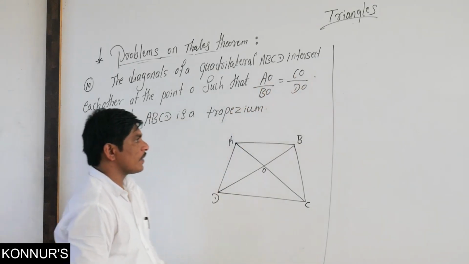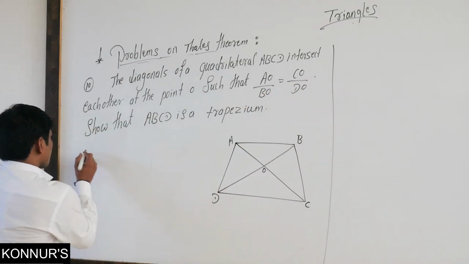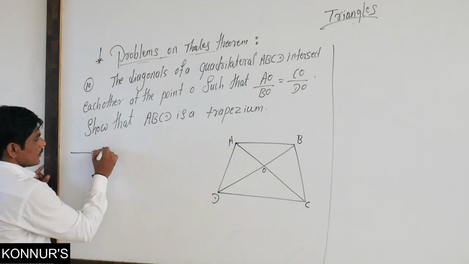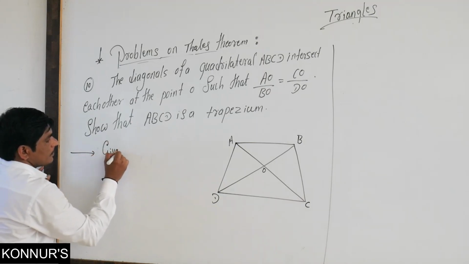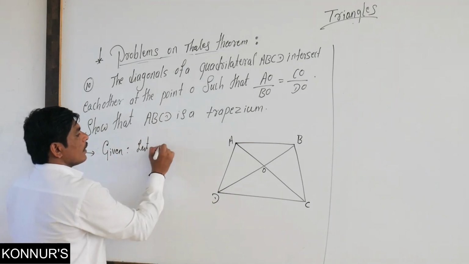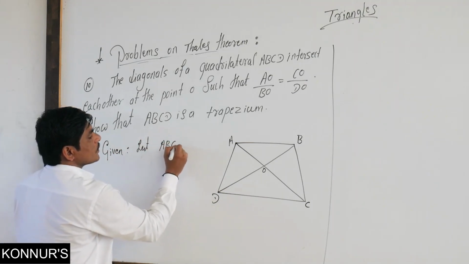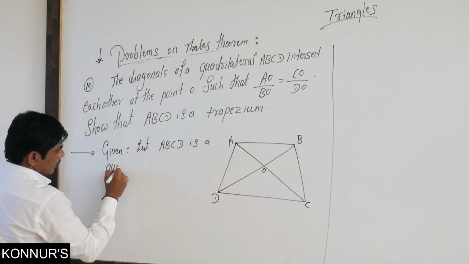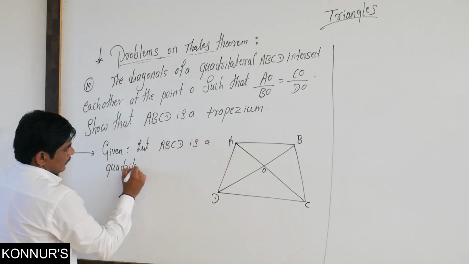Now, according to the given, first we write all the given things. Let ABCD be a quadrilateral.